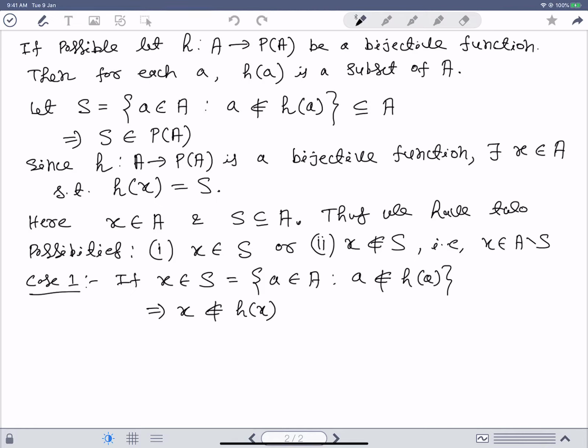Since x belongs to S and S is the collection of all the elements such that a does not belong to h(a), therefore x does not belong to h(x). Now what is h(x)? We know that h(x) is S. So x does not belong to S. So we assumed that x is in S and we get x not in S. So this is a contradiction.